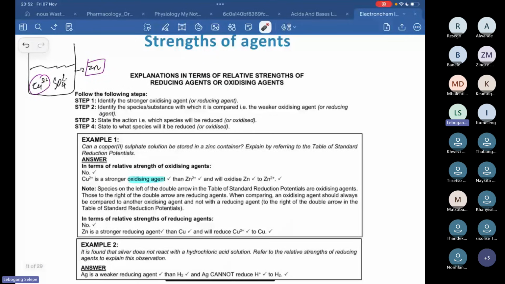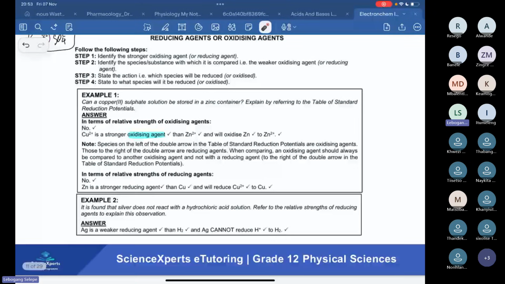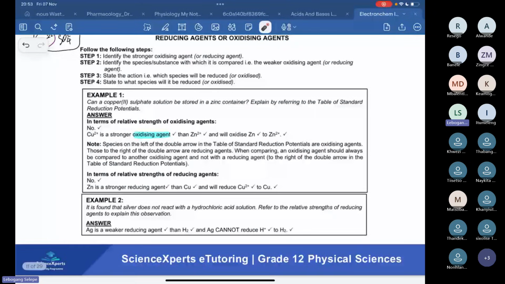So let's take another look at this second example. It says that it is found that silver does not react with hydrochloric acid solution. Refer to the relative strength of reducing agents to explain this observation. So we have silver, which is a metal, so it's a reducing agent.